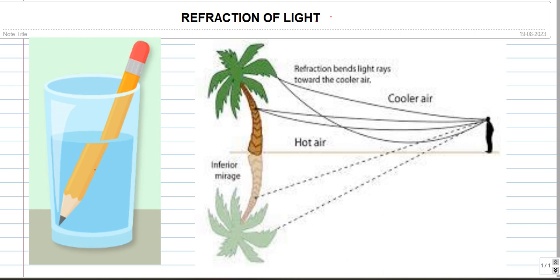So what is this patch of water which seems to be there on the road? This is the reflection of a nearby tree. So that is what we have in this picture. See, there is this tree. The air here is hot, so the cooler air.